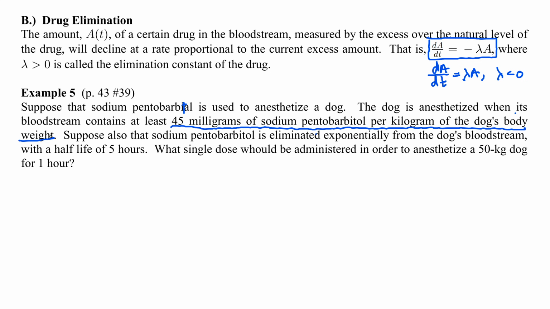Suppose also that sodium pentobarbital is eliminated exponentially from the dog's bloodstream. That is, this is the differential equation that it obeys, and the solution to that differential equation is exponential. The half-life is 5 hours. What single dose should be administered in order to anesthetize a 50-kilogram dog for 1 hour?